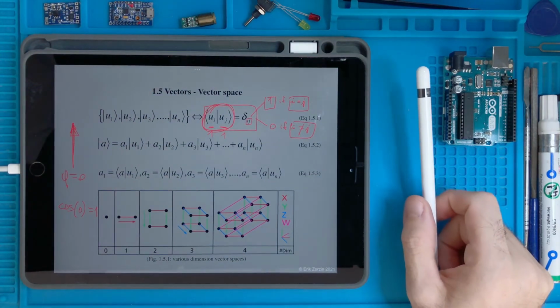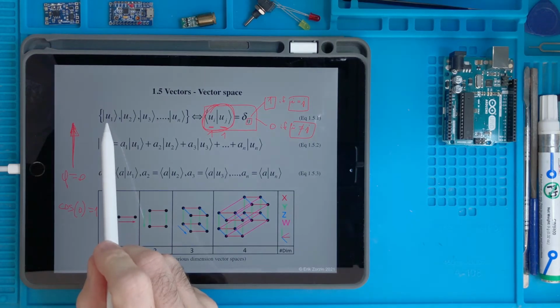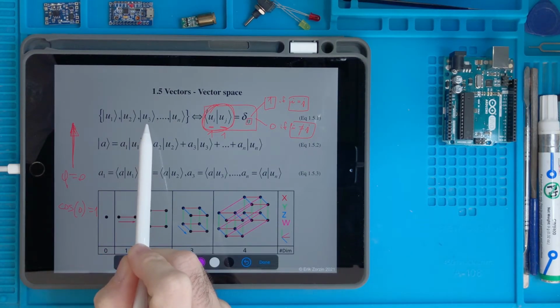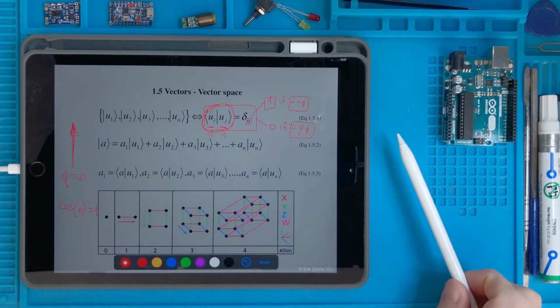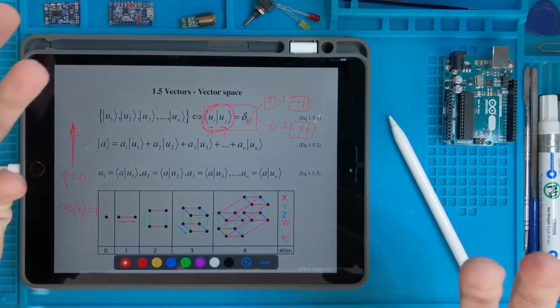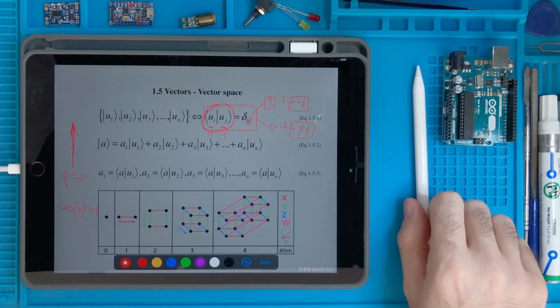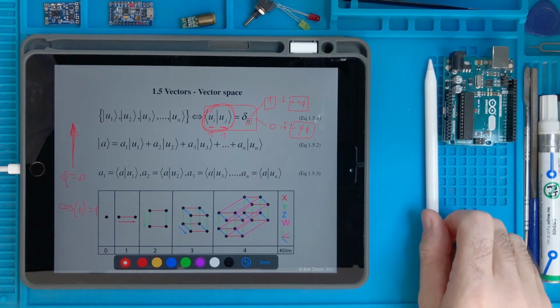So this is what we are doing here, but not just with two vectors, u1 and u2, not with 3 like in 3 dimensions, but with n dimensions. We're supposed to have a sort of strange multi-dimensional space where we have n vectors, each of them with unit length, each of them orthogonal to each other.